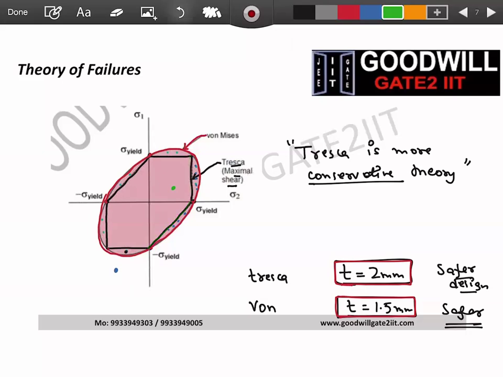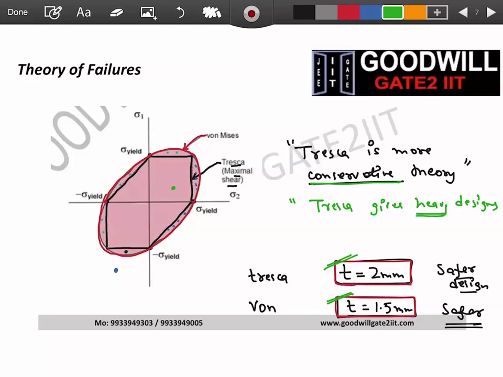Lesser stresses means Tresca is conservative and Tresca gives heavy designs. Why? Tresca is saying use 2 mm, otherwise you will fail. Von Mises comes and says, why are you wasting so much material? Just use 1.5, you are good, you are safe, don't worry about it. So automatically, Tresca gives you heavy designs.